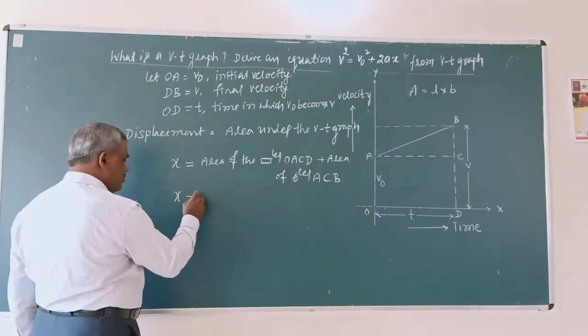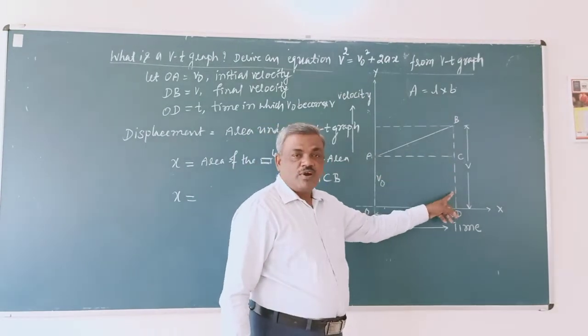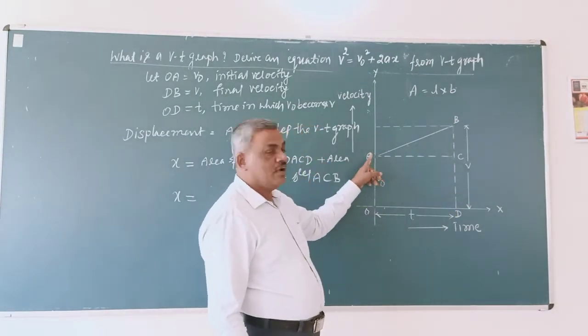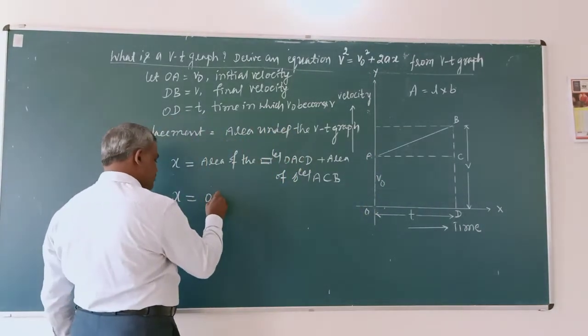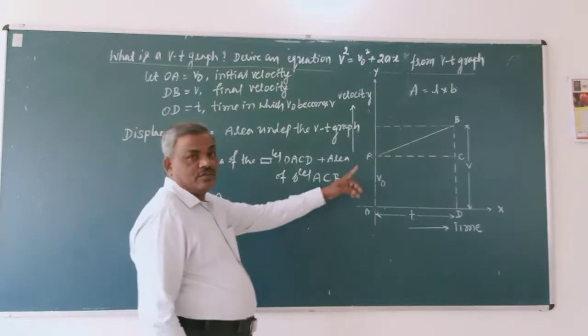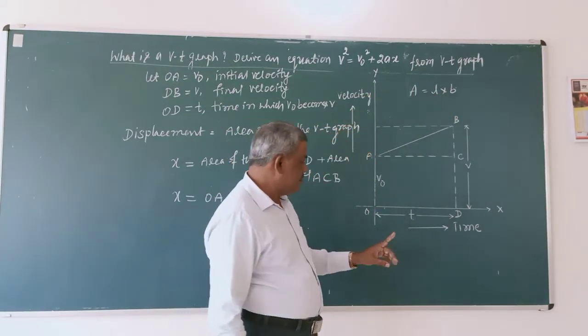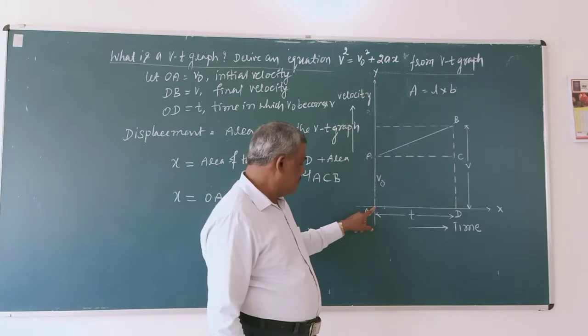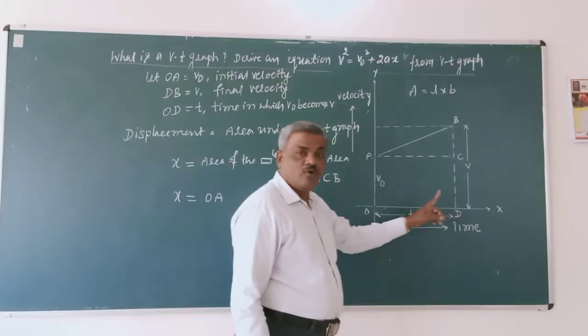So now x equal to area of the rectangle. So this is the rectangle. What is the length? Length represents OA. So in the L place, L means length, from O to A. And breadth is OD.